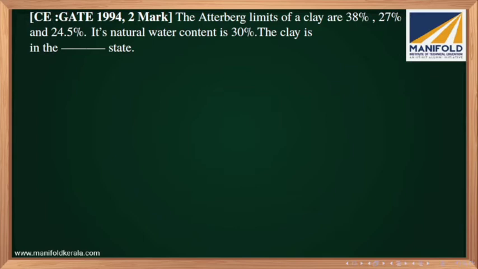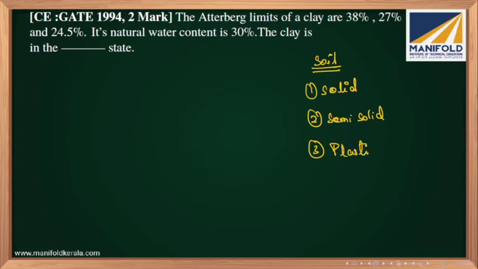So the Atterberg limits state the boundary water contents of the soil. The soil possesses four different states: solid state, semi-solid, plastic and liquid state.